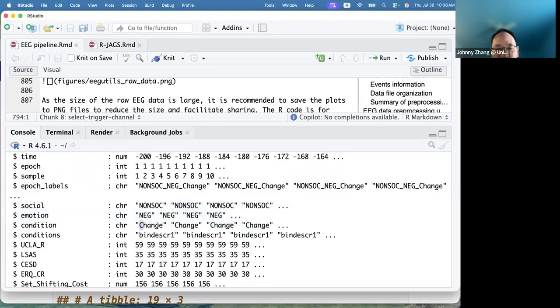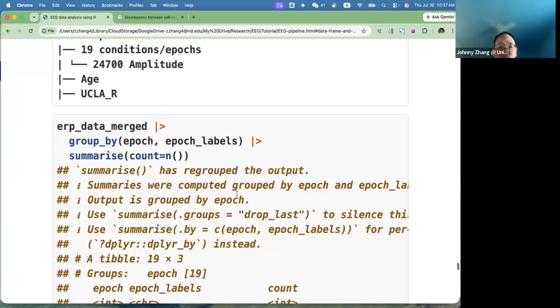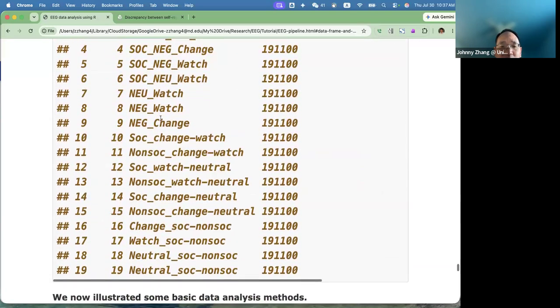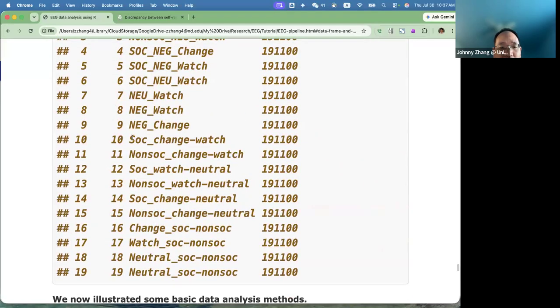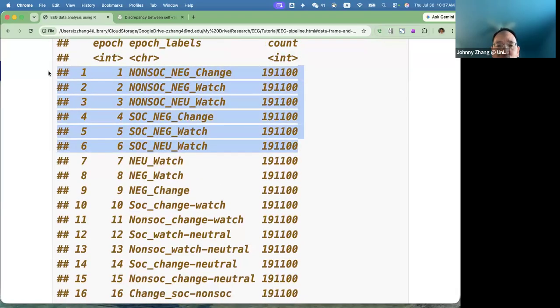Changing means replace, and watch means there's no change. So now I have different variables here, and I can do the data analysis. This is the basic information of each condition. Notice that this is the difference calculated between those two conditions. We are not interested in this. We are currently only interested in the original conditions here.